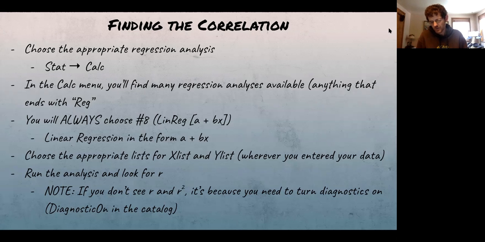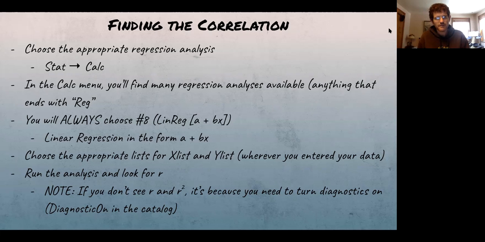You have an exponential regression, a power regression, natural log regression, just so many different things. But the only thing we'll ever use in this class is number 8, which is linear regression a plus bx. We'll talk more about the equation of a linear regression tomorrow, but for now, just select 8.